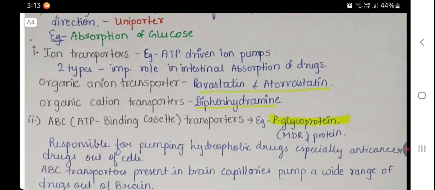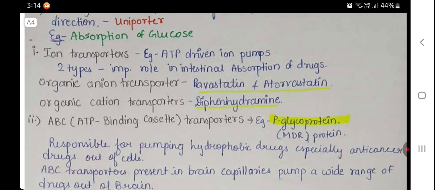The latter is responsible for pumping hydrophobic drugs, especially the anti-cancer drugs, out of the cell. The presence of a large quantity of these proteins makes the cell resistant to a variety of the drugs which are used in cancer chemotherapy.